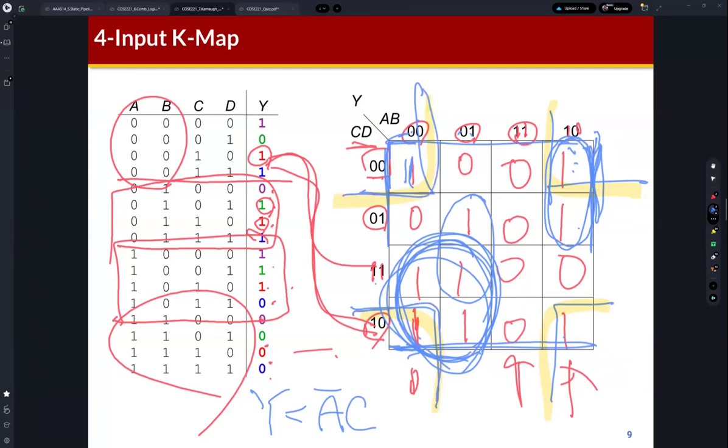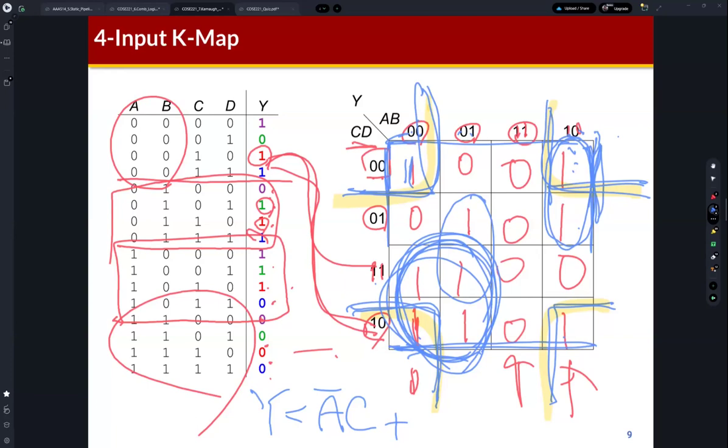Then how about this circle? What is the equation of this circle? In this circle, B is 0, but A is 0 and 1, which means that we can remove A by using the combining theorem, right? And how about C and D?